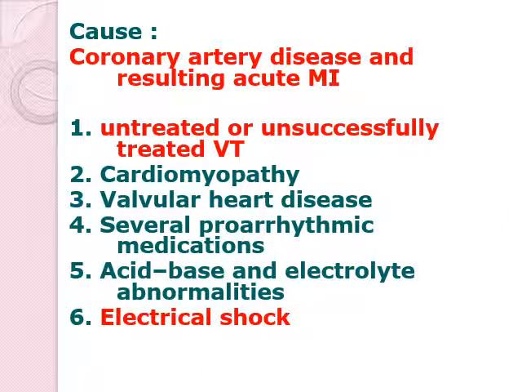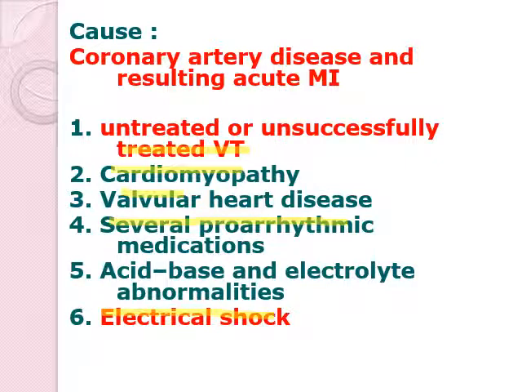Causes. So causes are coronary artery disease resulting to acute MI, unsuccessfully treated VTAC, cardiomyopathy, valve problems, several pro-arrhythmic medications, meaning you have several anti-arrhythmic medications which are antagonistic to one another, acid-base electrolyte imbalances, electrical shock.